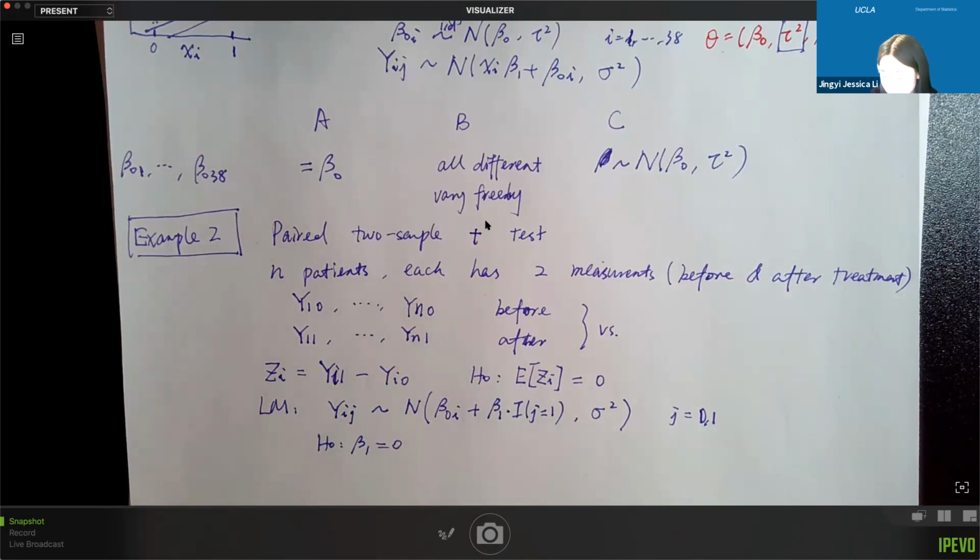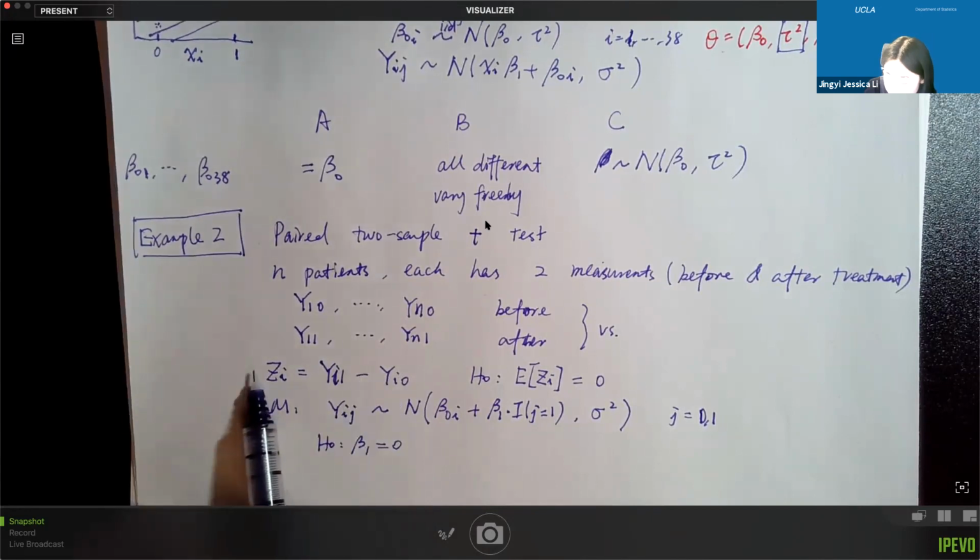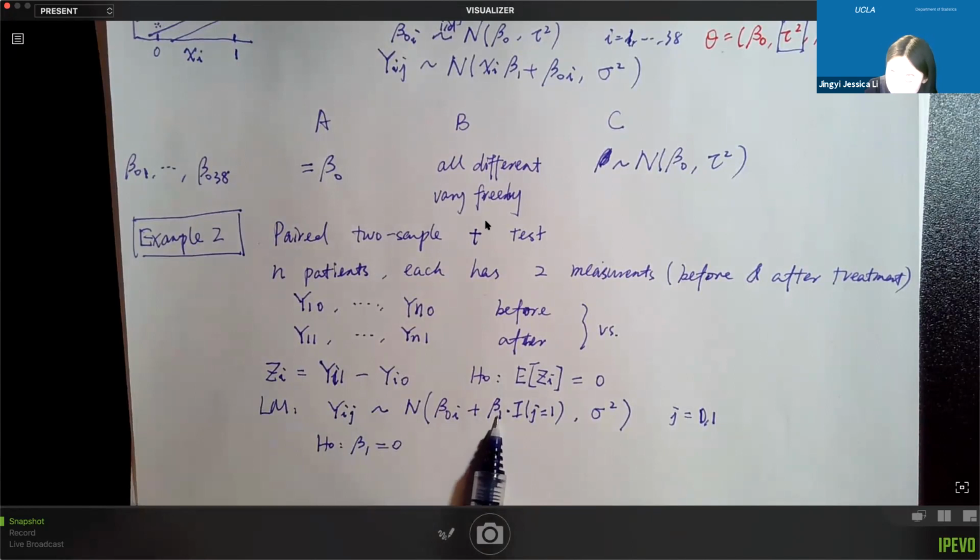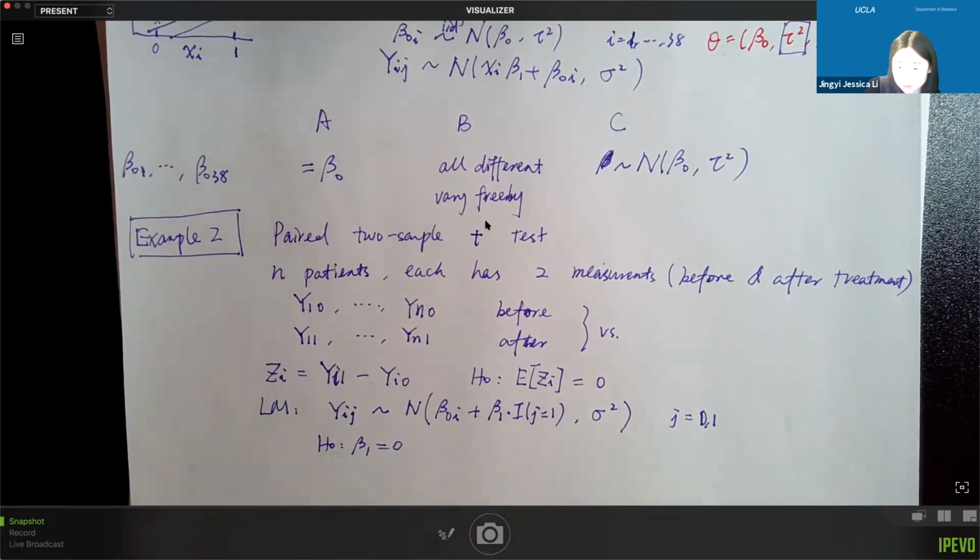And so for this single example, the way we do it is that we basically take the difference between yi1 and yi0. So effectively, once we do that, their expectation is just equal to beta 1. So each zi's expectation is equal to beta 1. Then the null hypothesis becomes whether beta 1 is equal to 0.